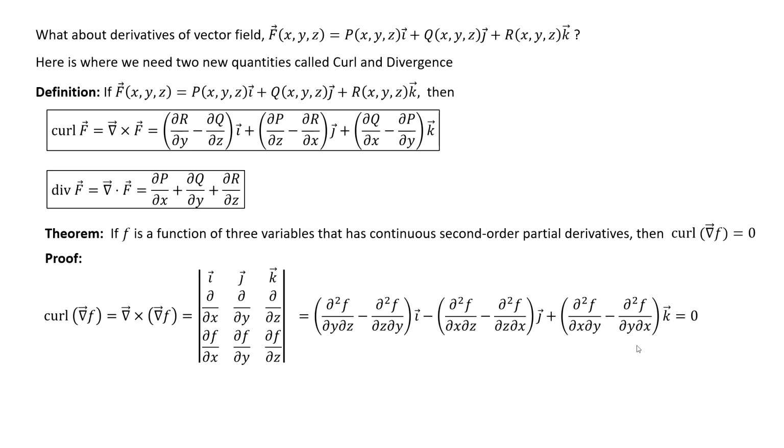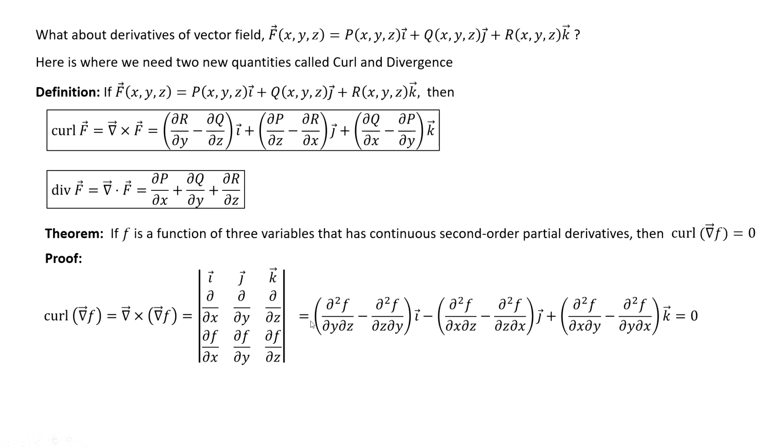Now, I'm saying this is equal to 0. Is that true? Let's check. What does Clairaut's theorem say? It says if f has continuous second order partial derivatives, second partial f with respect to y z is the same as second partial f with respect to z y.